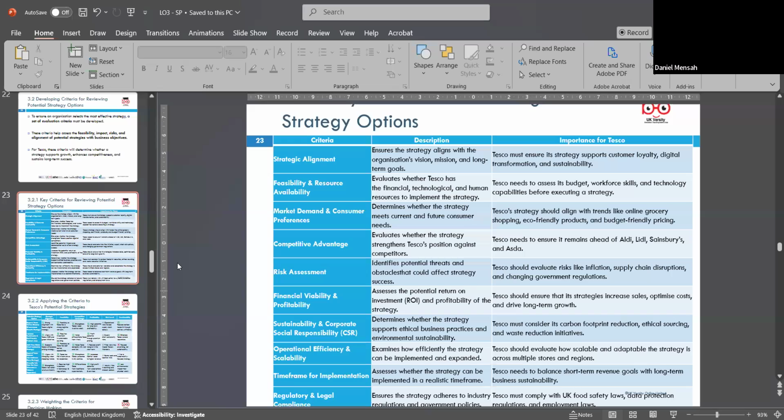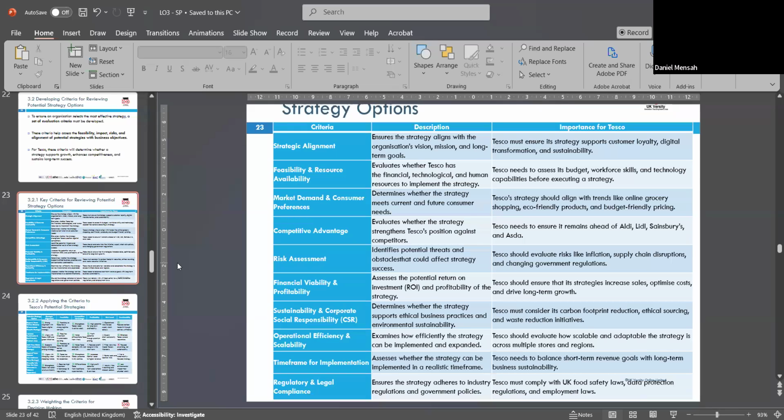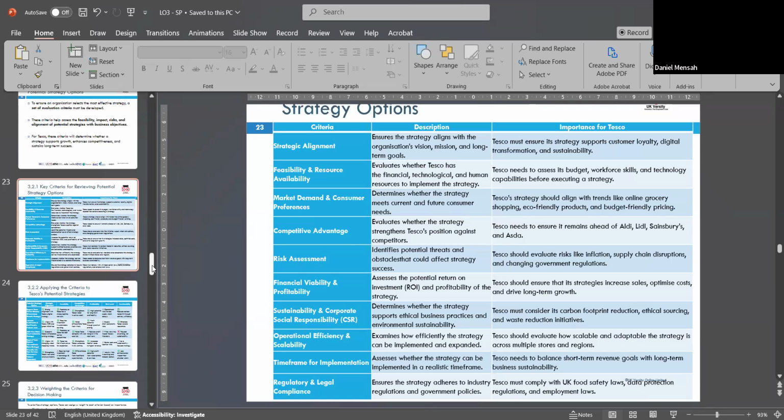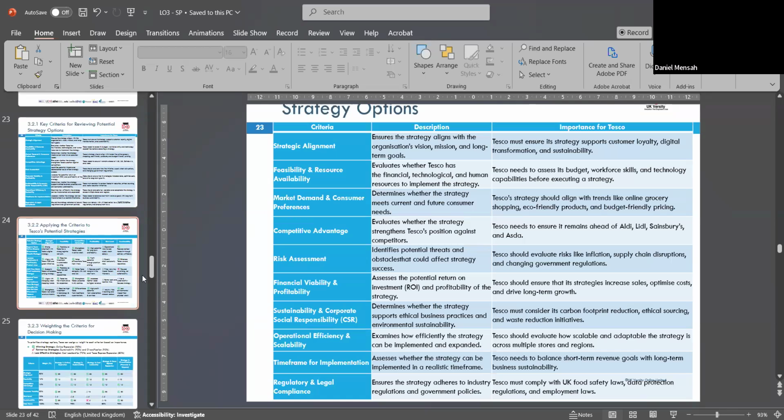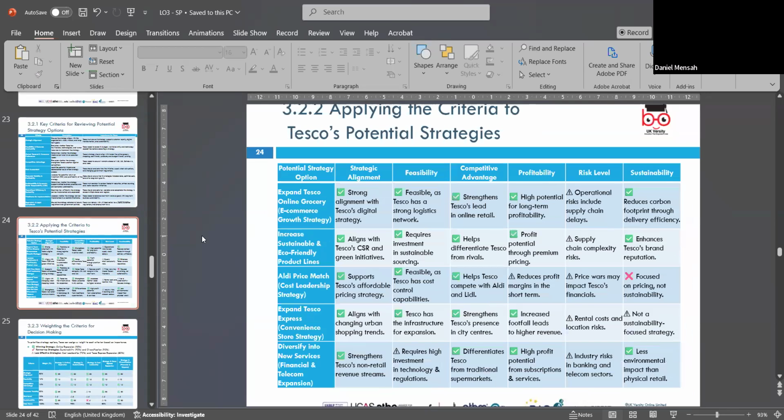Time frame for implementation: there should be a realistic time frame to execute that strategy, not too short, not too long. Then regulatory and legal compliance is also very important. You need to meet the industry standards in whichever industry you are operating, and you should comply with government laws and regulations also. Otherwise, it can bring big hurdles and problems in your business.